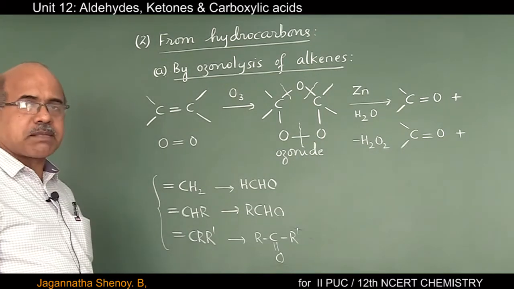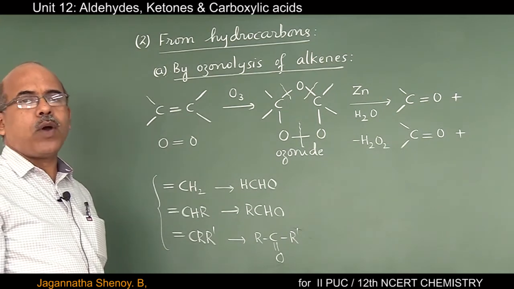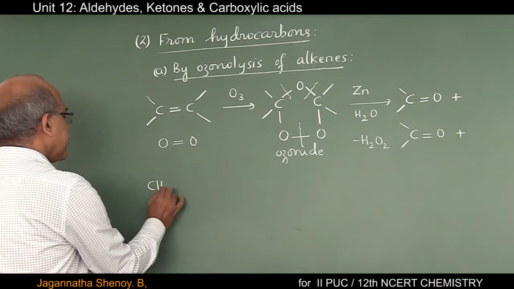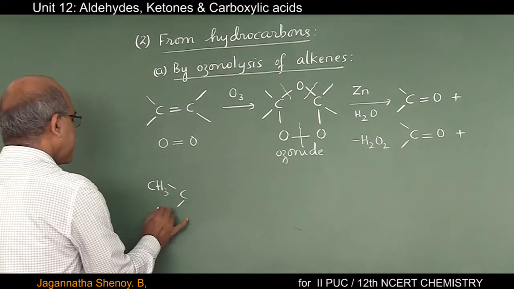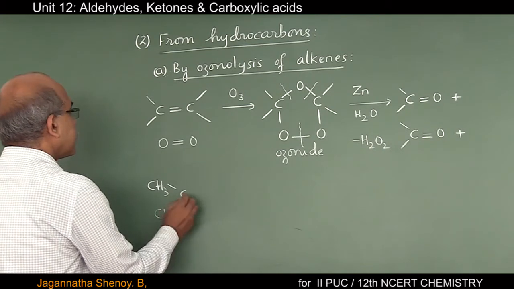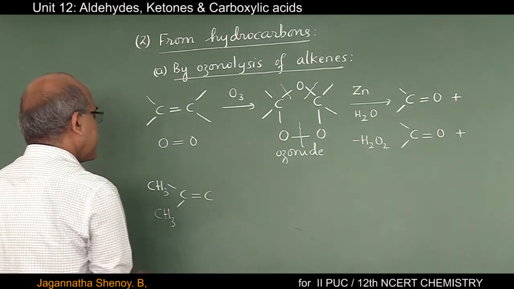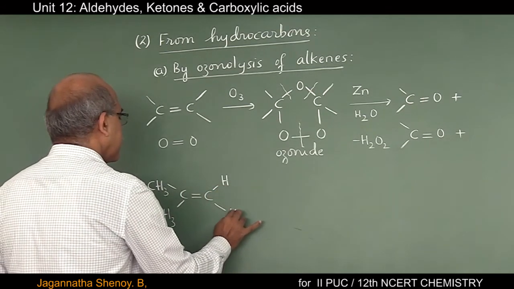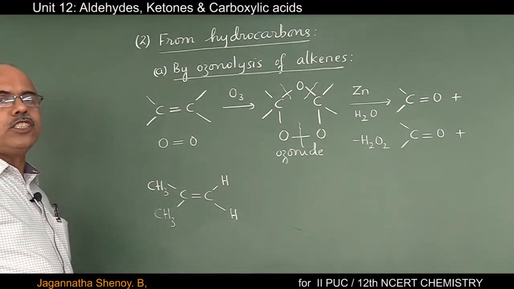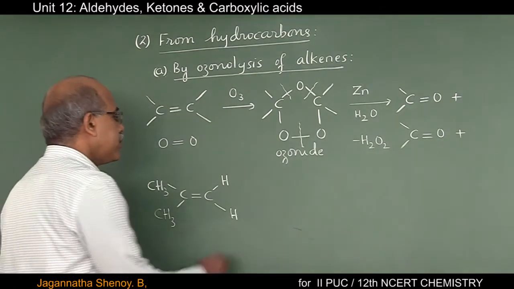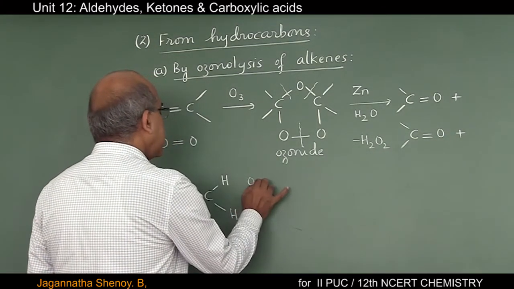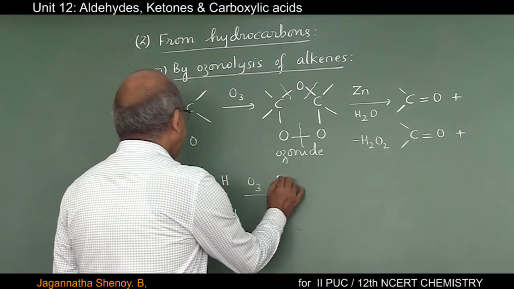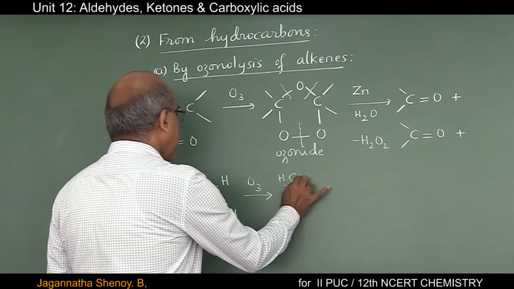Now, in order to explain this, let me consider one simple example. I am going to start from this alkene. You know how the reaction takes place during ozonolysis. So the formation of ozonide, I'll represent it like this.